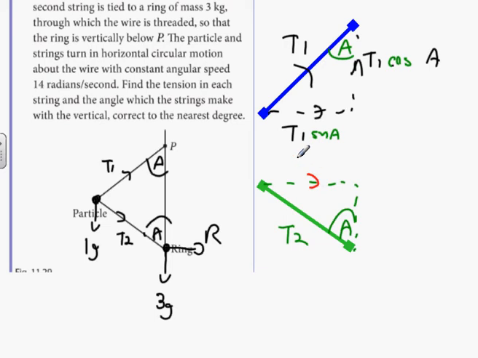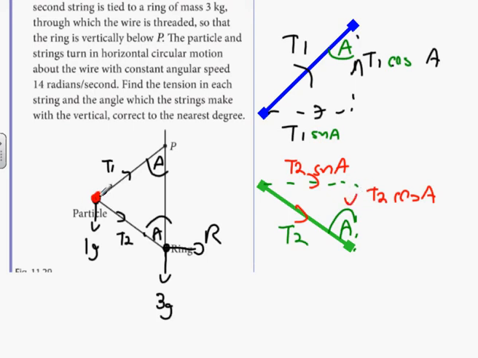Going to the right is T2 sin A, going directly up, T2 cos A. Oh, you're right, it is going downward. Excuse me. Yeah, T2 cos A is going downward.